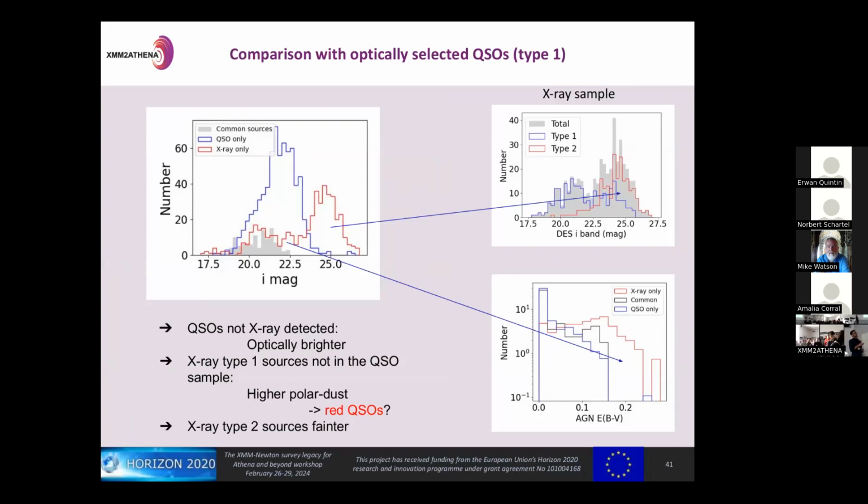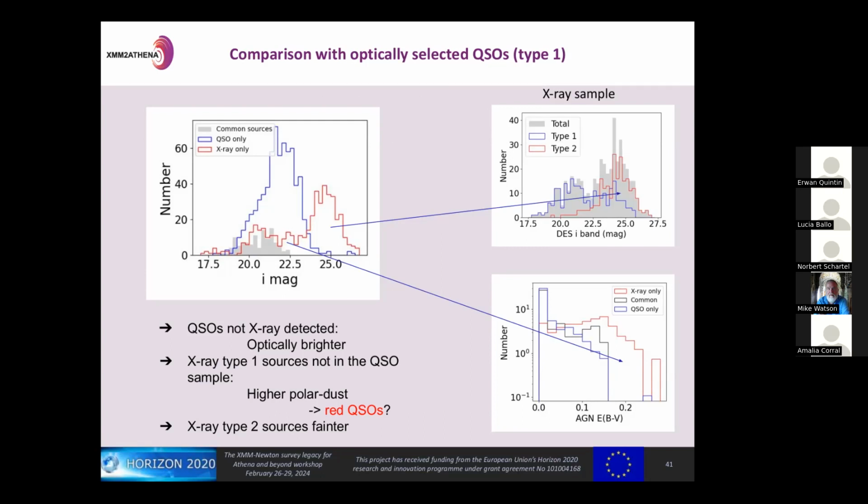So here, actually, it's the type 1 sources that apply the same magnitude distribution in the optical. So the question was actually why they are not selected in both methods. Right. So through this fitting, we found that the X-ray type 1 sources have a higher polar dust in the line of sight.